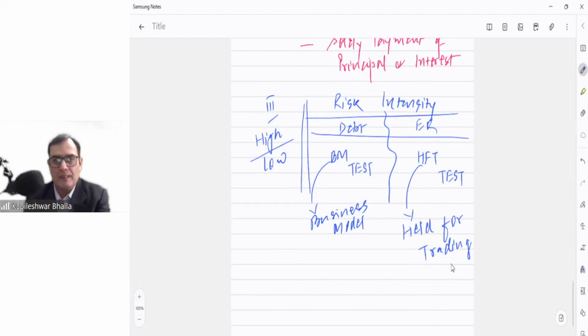Trust me, by the middle of the next class, you will be absolutely clear with the logic and the measurement principles in various permutation combinations, and which measurement base would apply. Once we get the clarity of this, we'll be able to easily crack the accounting of financial assets in the books of accounts.